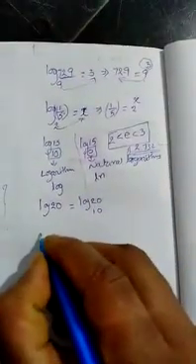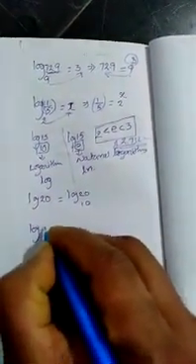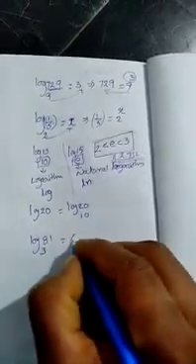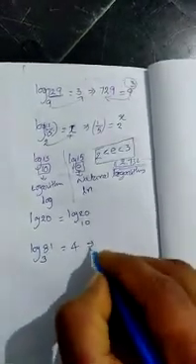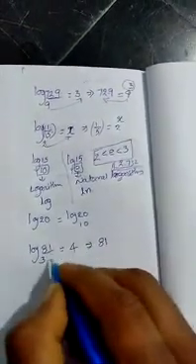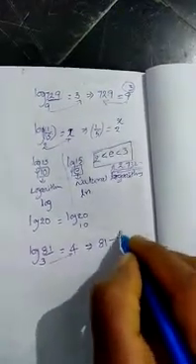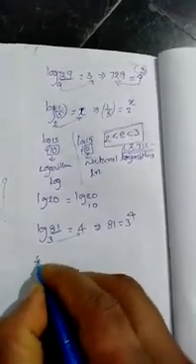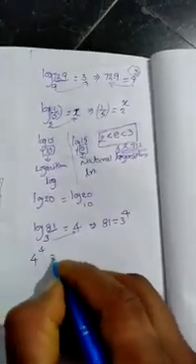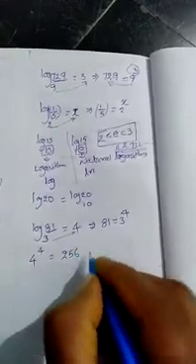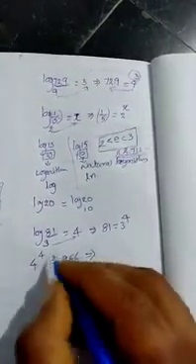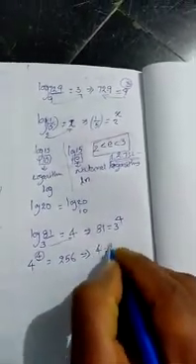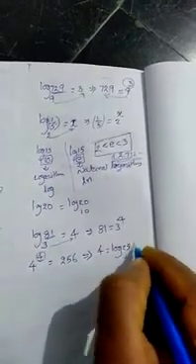So children, observe here. If I write log 81 base 3 equals 4, how to write it again? 81 equals 3 power 4. This is logarithm to exponential form. For example, if I give you 4 power 4 equals 256, and ask for the logarithmic form, then 4 equals log 256 base 4.